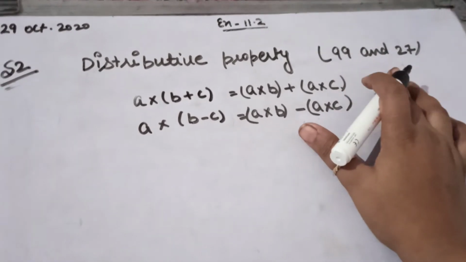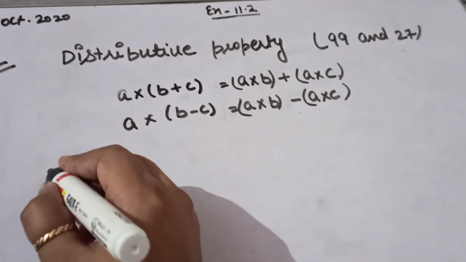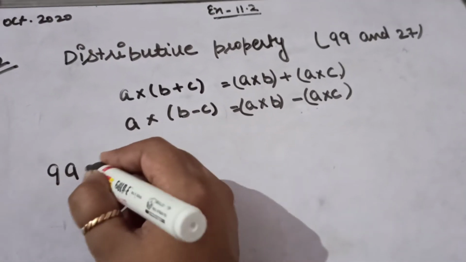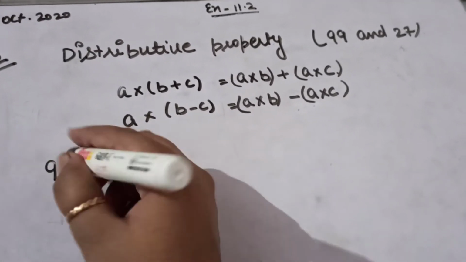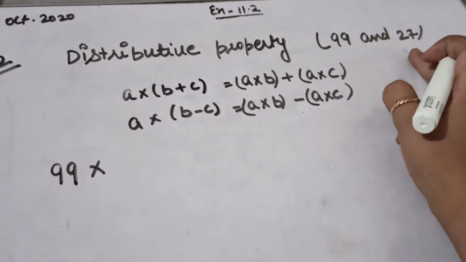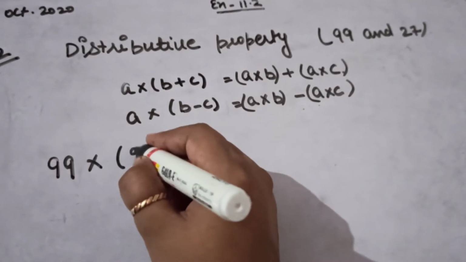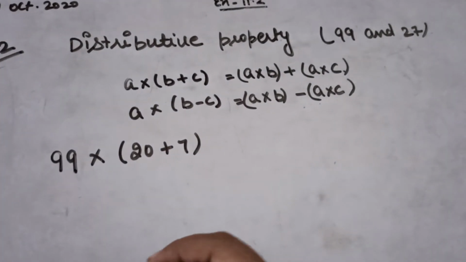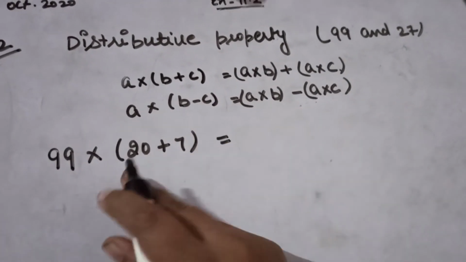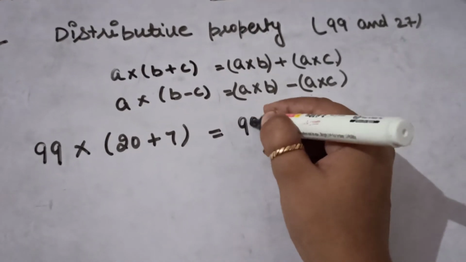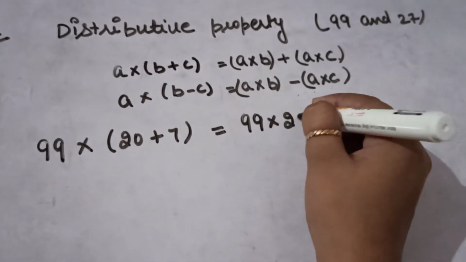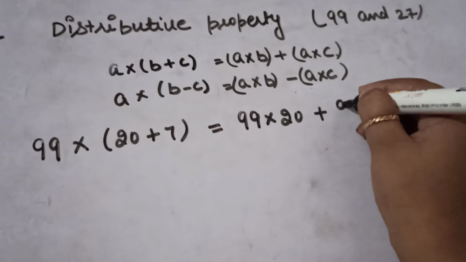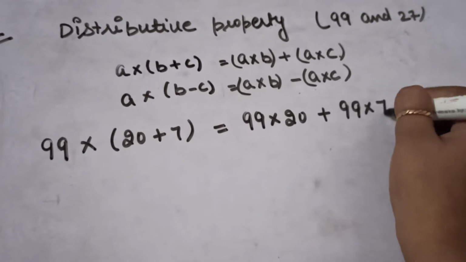So first is with addition. 99. So I can write it with 20 plus 7, right? So this will go like 99 multiply 20 plus 99 multiply with 7.